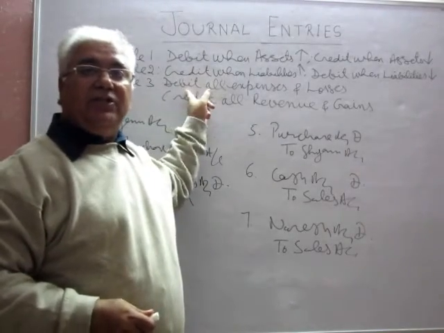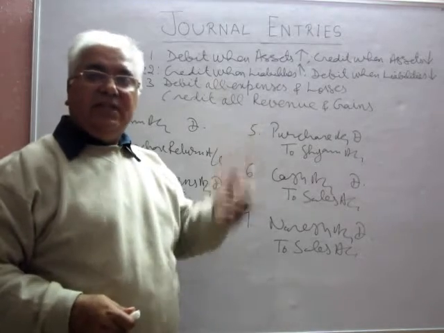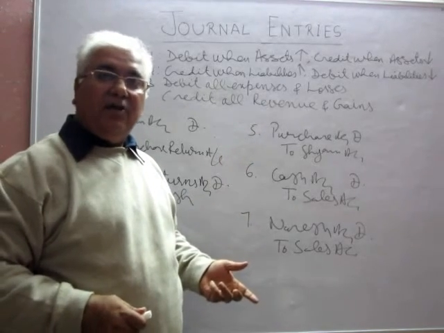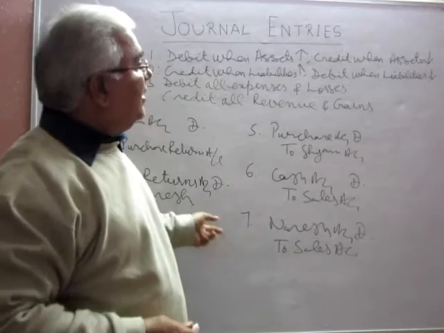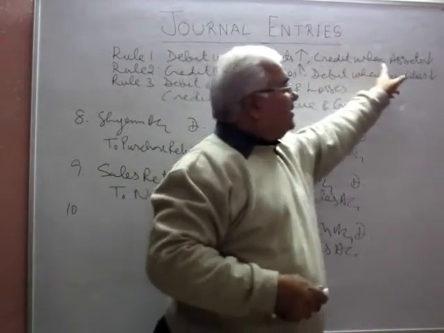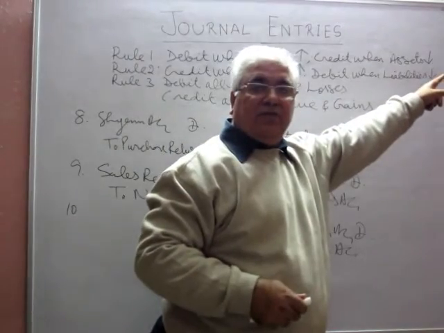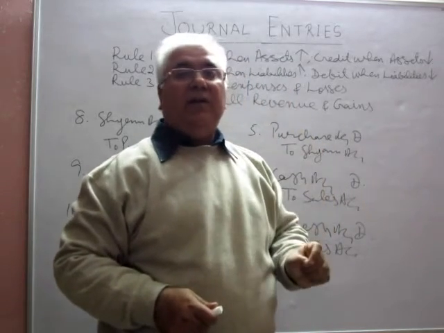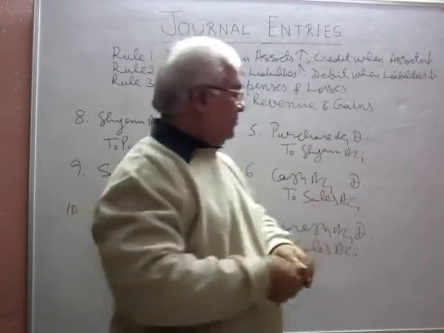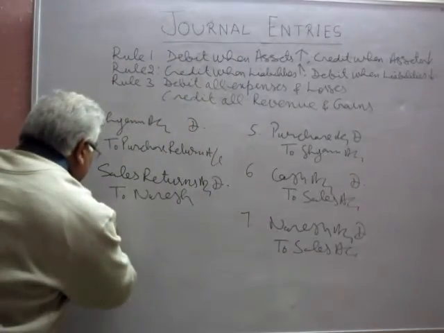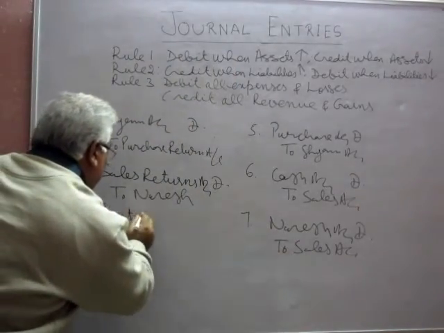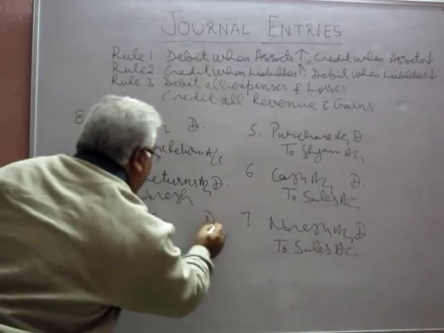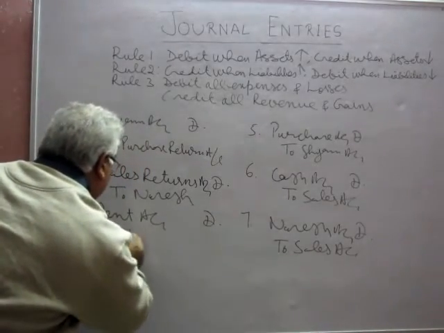Since we are paying through the check, our bank account is decreasing, and bank account being an asset, the rule applied will be credit when assets decrease. So our entry will be rent account debited to bank account.